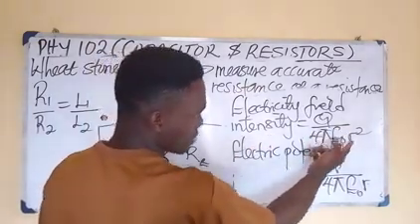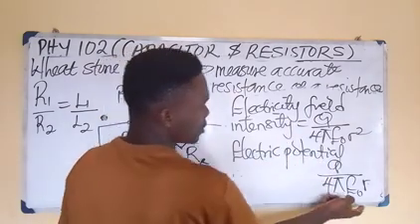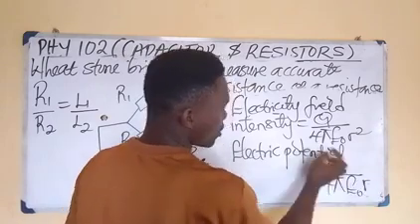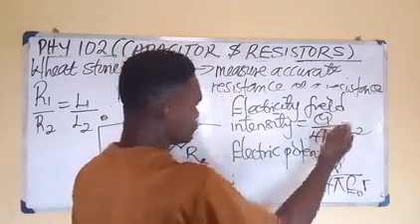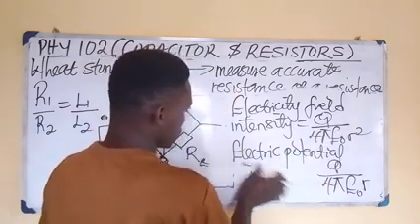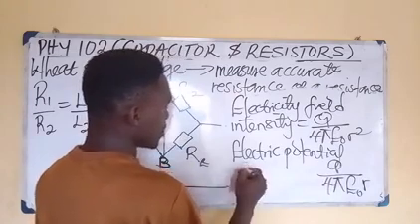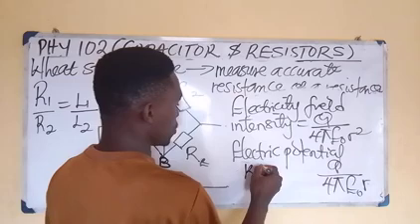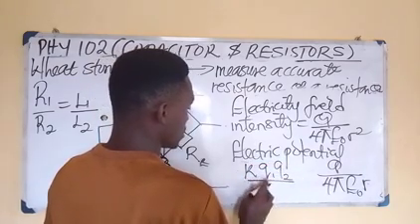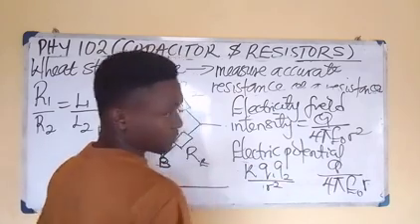They are both the same, however, this one does not have a square. But if I want to write this in full, I'll be having K Q1 Q2 over R squared.